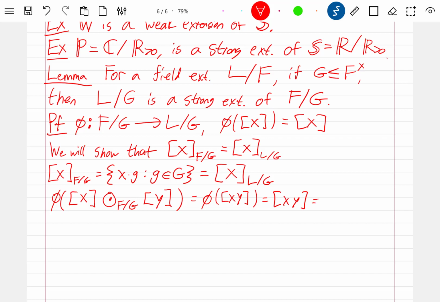But the equivalence class of xy is going to be the equivalence class of x times the equivalence class of y, thinking of this in L mod G, but this is just phi of x times phi of y.